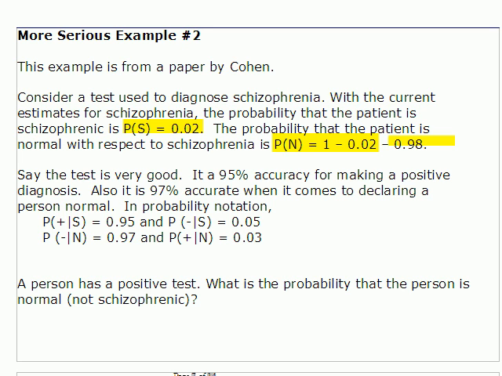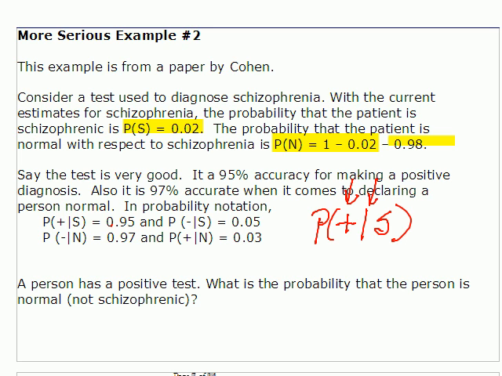Now let's say that this test is very good. It has a 95% accuracy for making a positive diagnosis. That means if the person is schizophrenic, the test is going to be positive 95% of the time. Seems like a pretty good test. So we can write that in this notation. Let's think about the notation. Probability that the test is positive given that the person is schizophrenic. Okay, that's what that notation is.